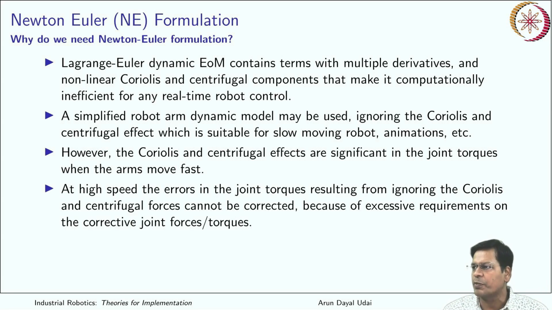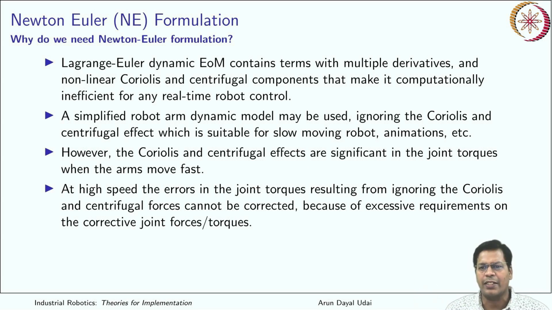At high speed, the errors in the joint torques resulting from ignoring the Coriolis and centrifugal forces cannot be corrected, because of the excessive requirement on the corrective joint forces and torques. Let us say you are using model based control, with your dynamic equation of motion without the Coriolis and centripetal terms fed to the robot.